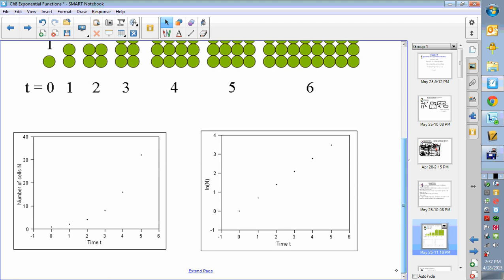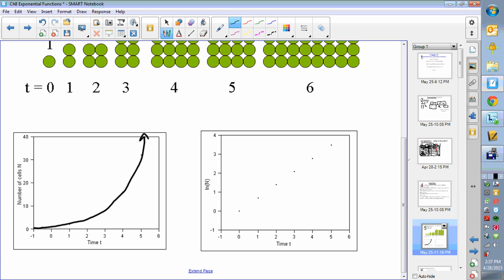Looking at the y values for that, you would see that it climbs not very much at first, and then starts climbing faster and faster, really increasing quickly.